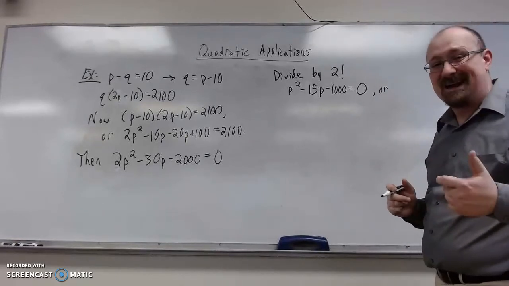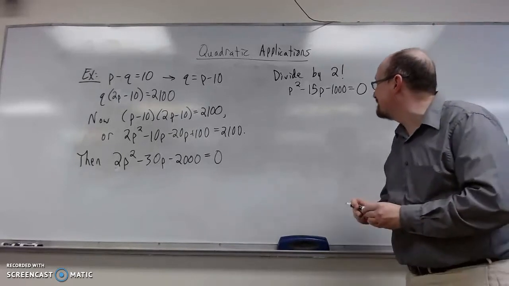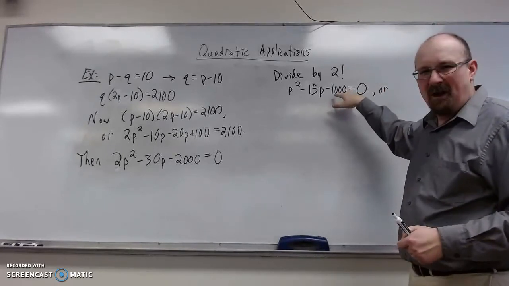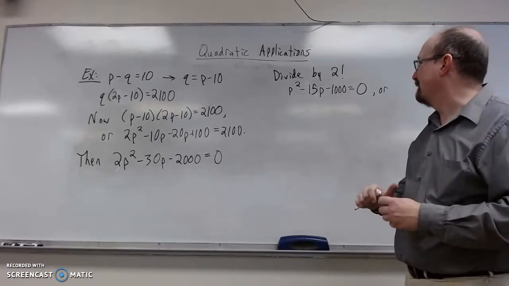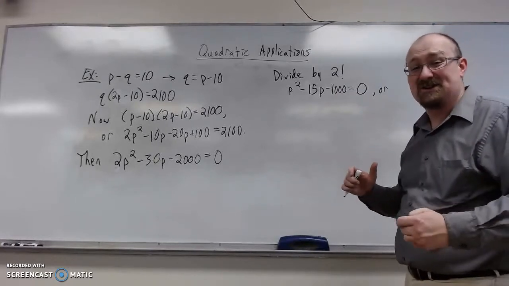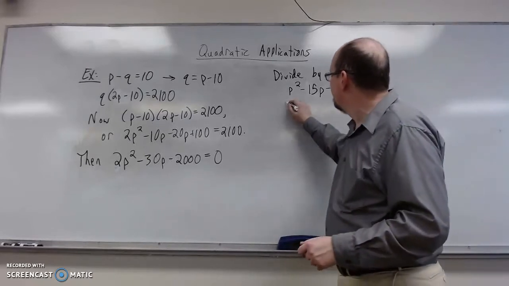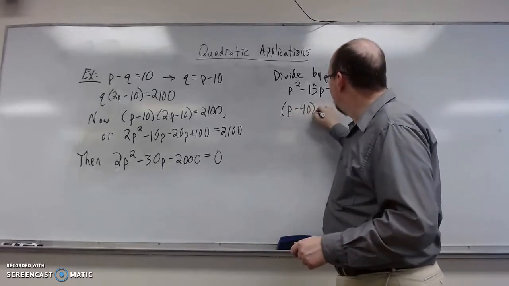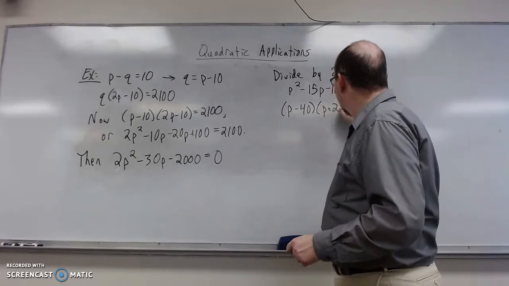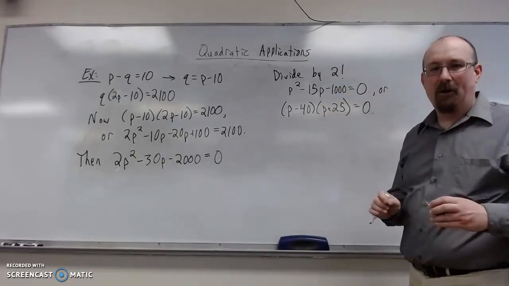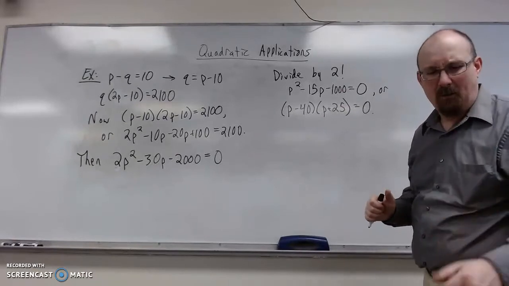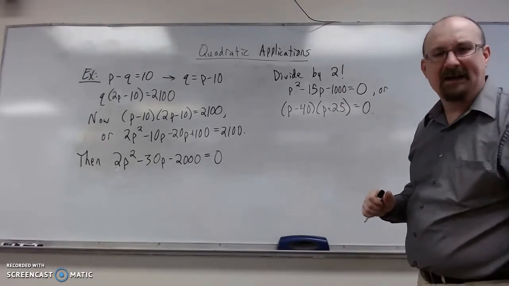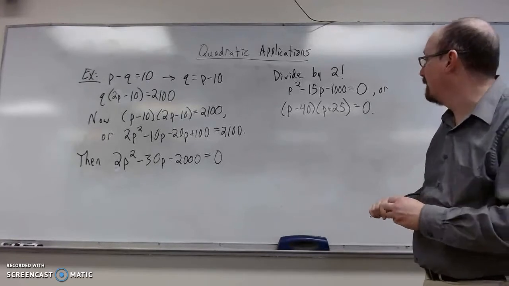But the factorization is actually not terribly painful in this instance because 1000 you can break down as 40 times 25. And conveniently enough, if you arrange the sign so the 40 has a minus on it, it's going to look like P minus 40, P plus 25 equals 0. Again, you get to the same place if you use the quadratic formula. Have at it. Don't feel obligated to use the approach I'm using right here.